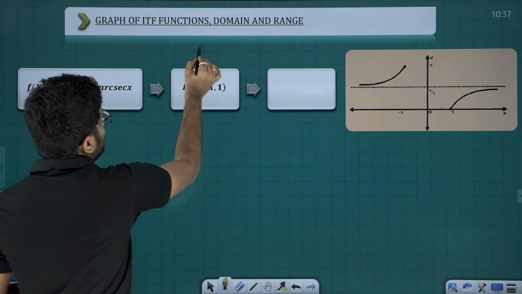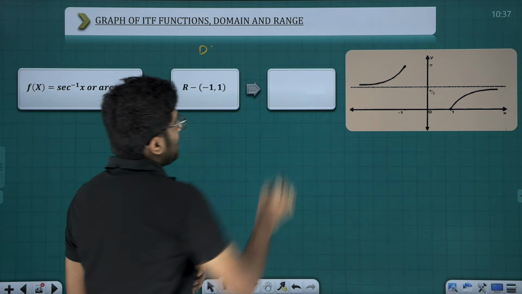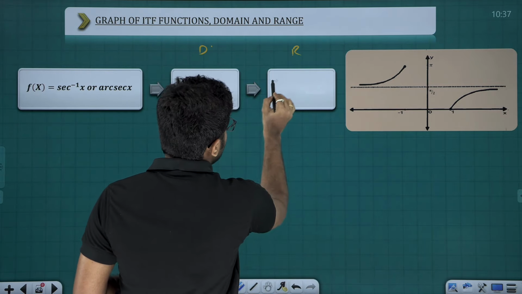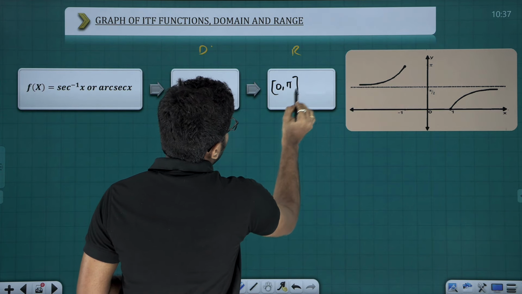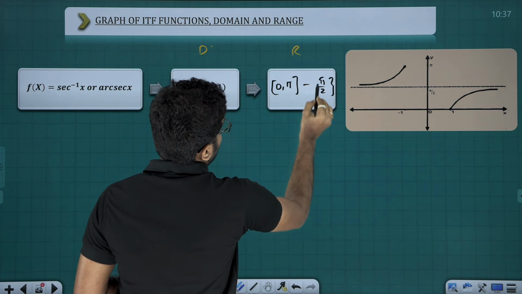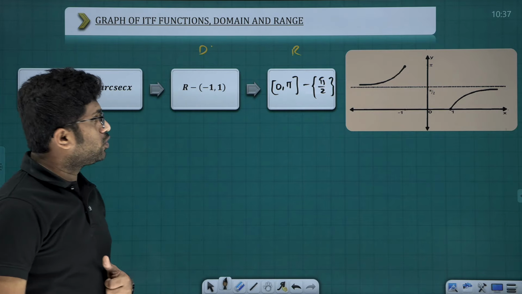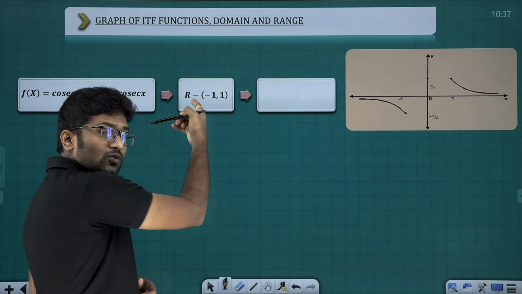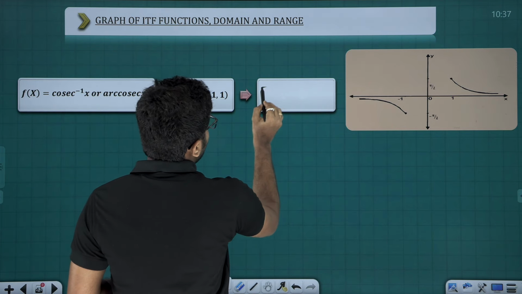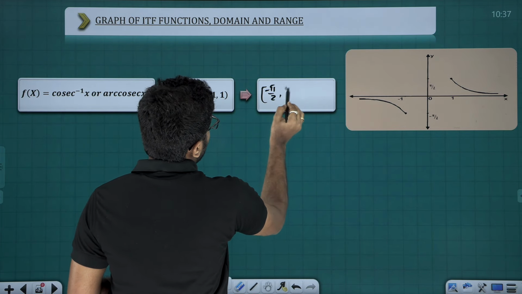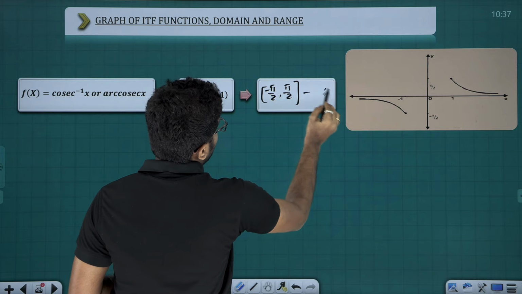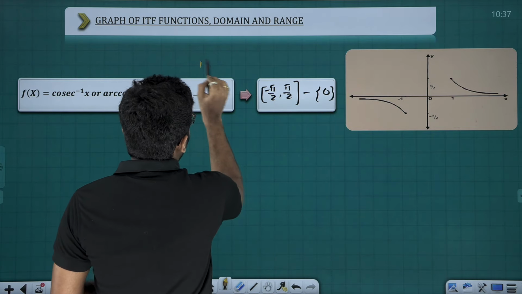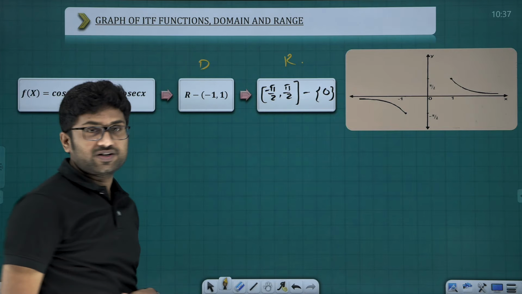Next, domain of secant inverse x, range of secant inverse x is closed 0 to π excluding π/2. Next, domain of cosecant inverse x, range of cosecant inverse x is closed −π/2 to π/2 excluding 0. So these are the domains and ranges of the 6 inverse trigonometric functions, friends.